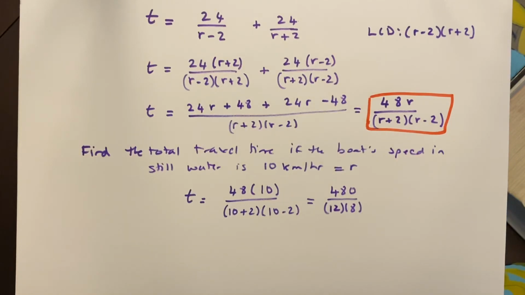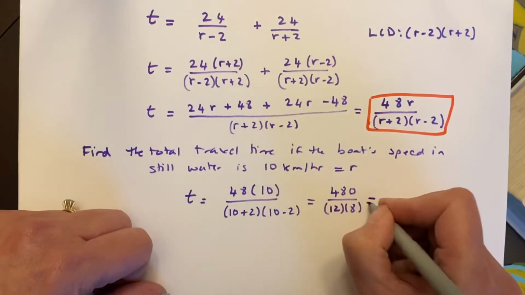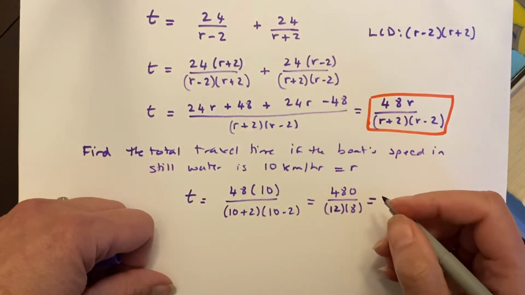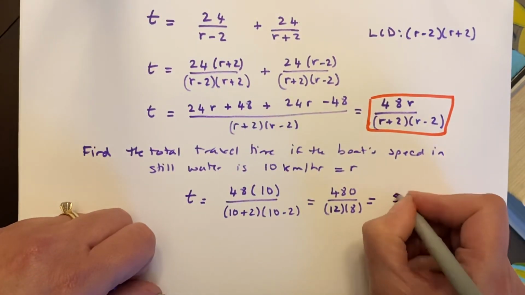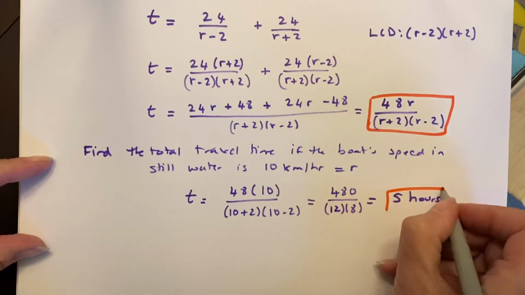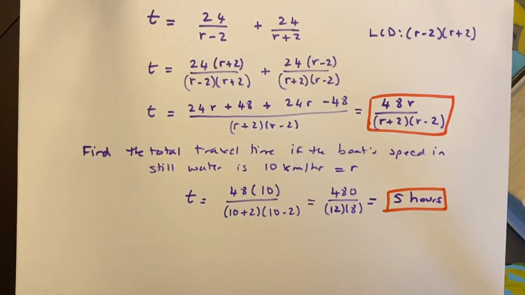And if you do that on your calculator, you will find that this is going to give us 5 hours. Okay? So that is example number 6. And this concludes lesson 12.6.